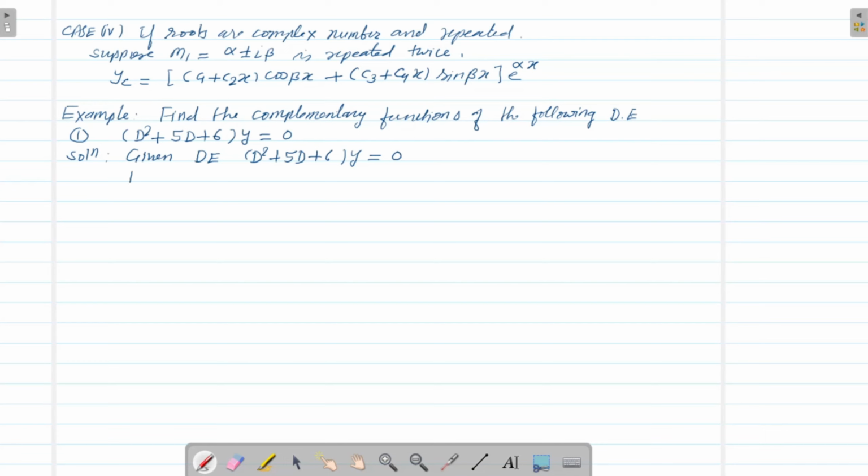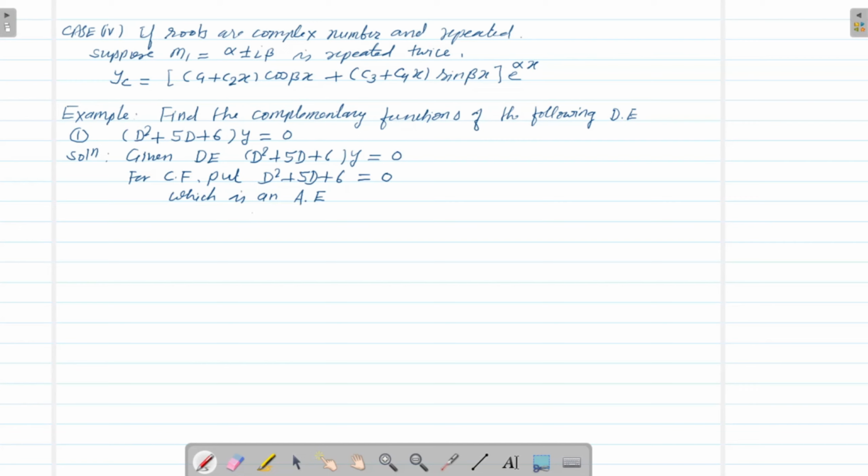So for the complementary function CF, we put D square plus 5D plus 6 equal to 0, which is an auxiliary equation. The complementary function depends on the nature of the roots of the auxiliary equation. So we find the roots of this auxiliary equation.